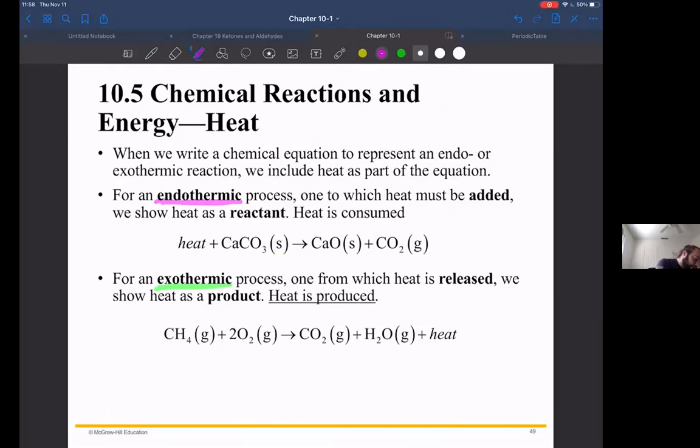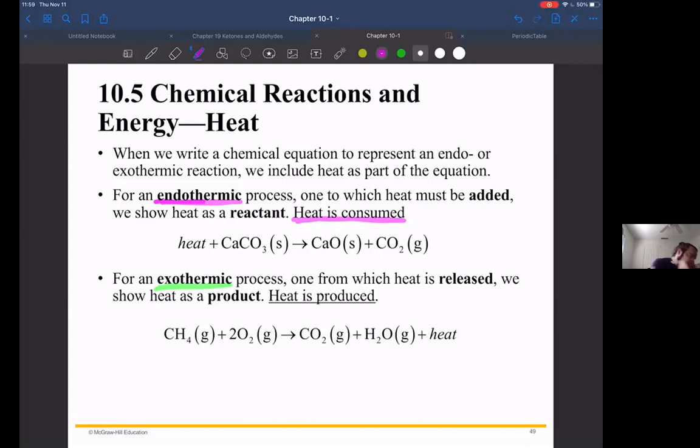Reactions that consume heat are called endothermic reactions. Okay, this is a reaction that actually will absorb heat from its surroundings as it's going on. So if you were to hold in your hand one of these endothermic reactions, you would feel your hands getting colder because they're stealing the heat as they're going.